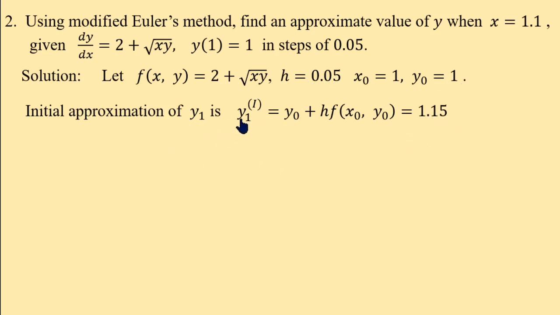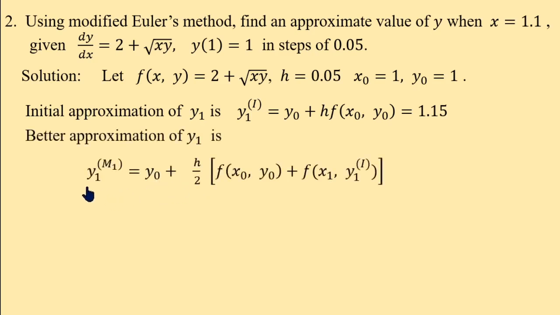This is the initial approximation of y1, that means y at 1.05. Now the better approximation or modified value. The first modification is y naught plus h by 2 into (f of x naught comma y naught plus f of x1 comma y1 initial value). So the initial value of y1 is 1.15.